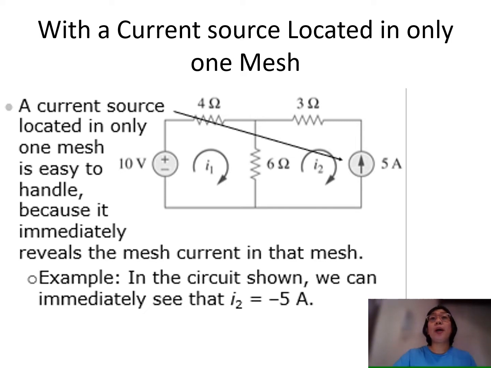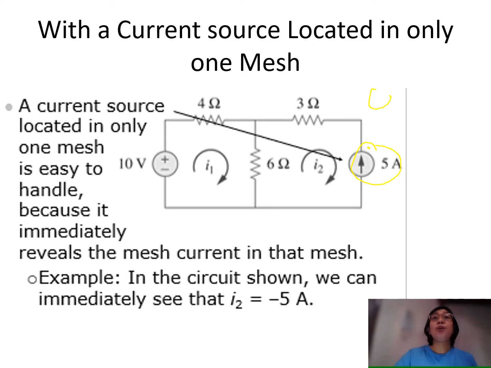For example, here we have 5 amperes, and that 5 ampere source is located at mesh number 2. So we do not have to solve for mesh current number 2 anymore, because it is already given by our current source.